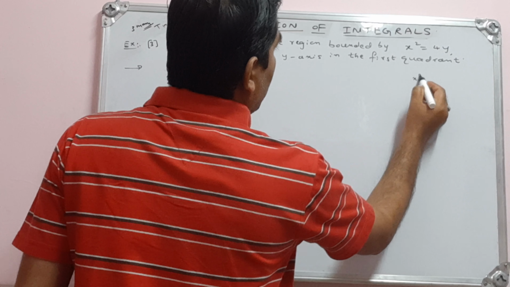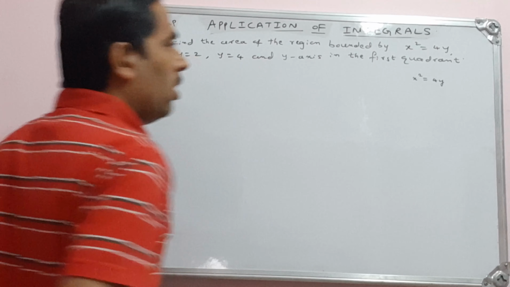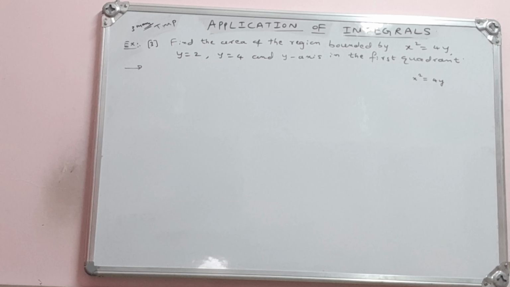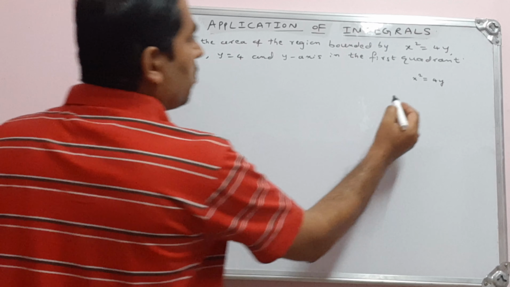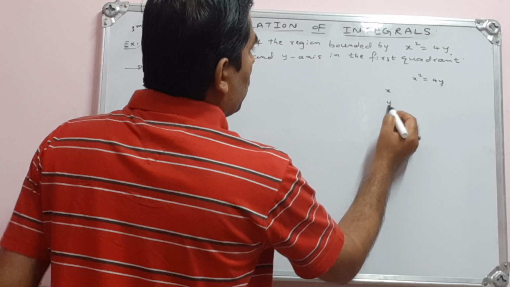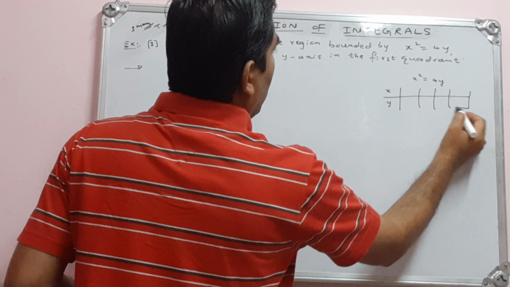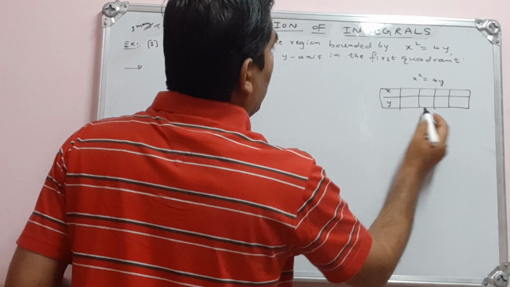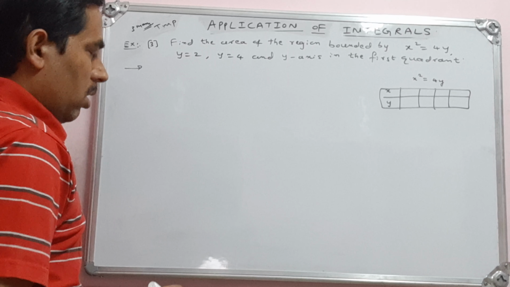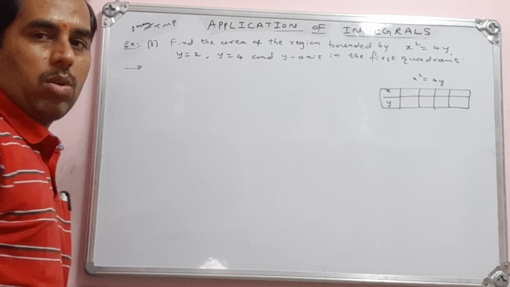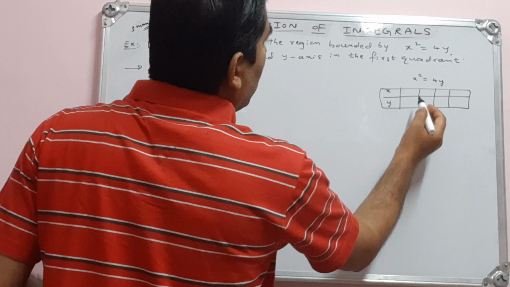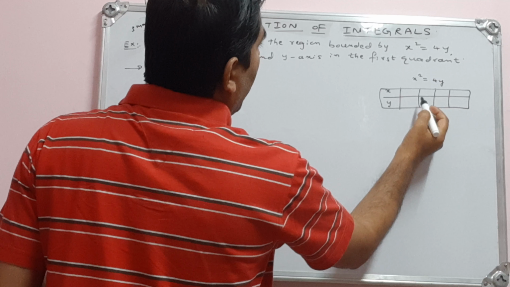So the given curve is x square is equal to 4y. So we can consider values of x and y. We can give values for x or y.